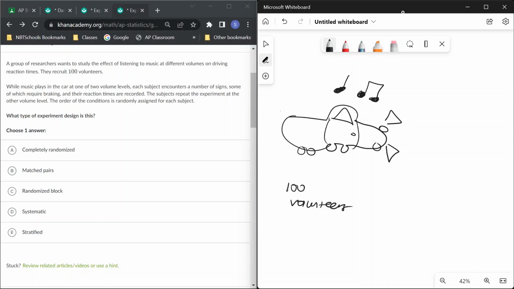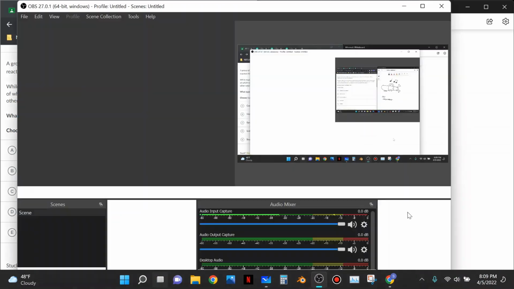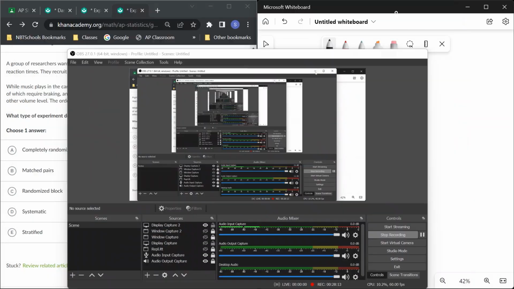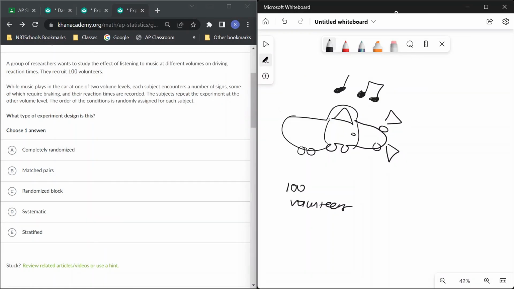Okay, so there's music playing in the background, two levels.